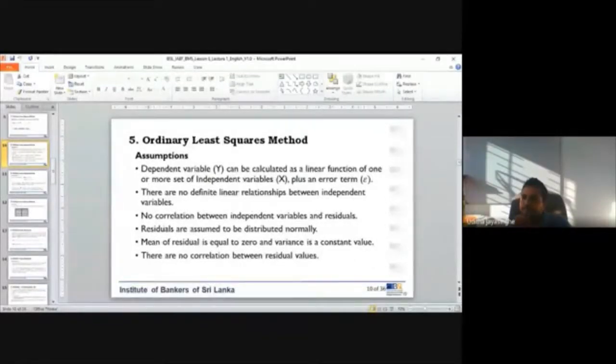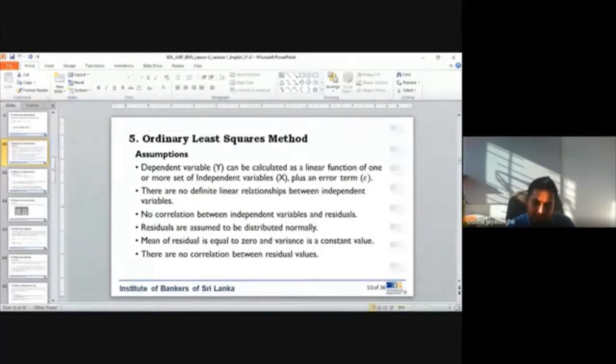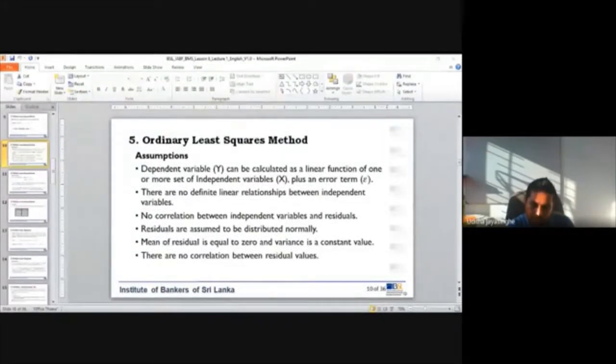Okay, the fourth one. Residuals are assumed to be distributed normally. What is this going to tell you? What do you mean by a normal distribution, students?